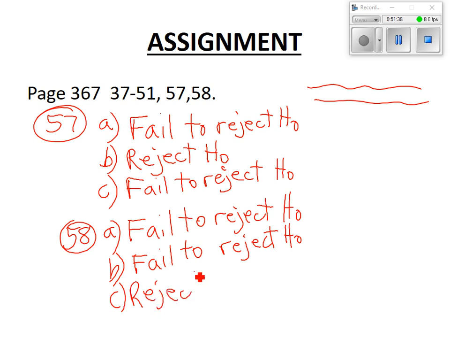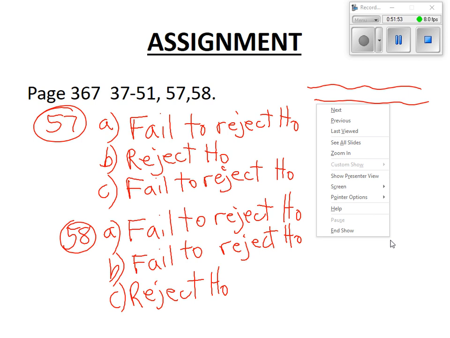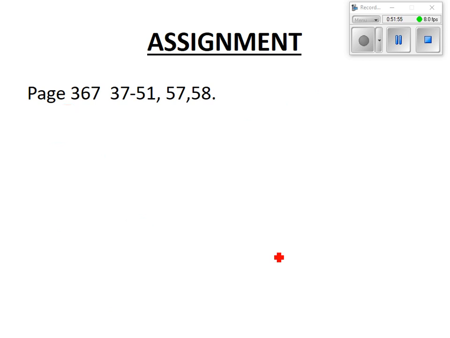Can we do 43? So everybody got that much? Yeah. 43 says, interpreting a decision.